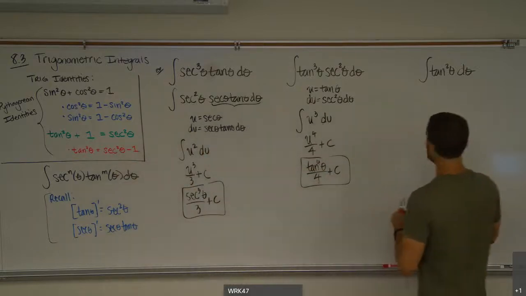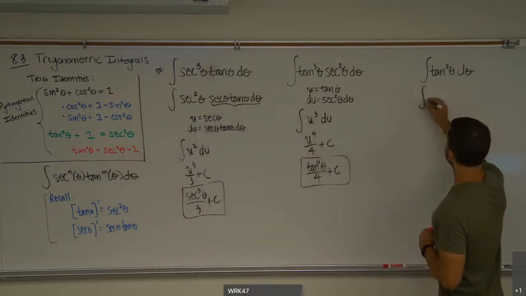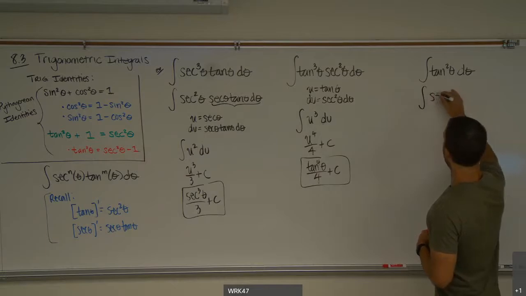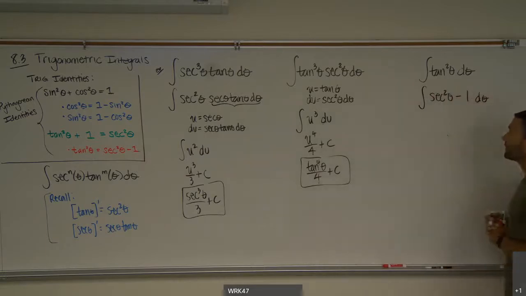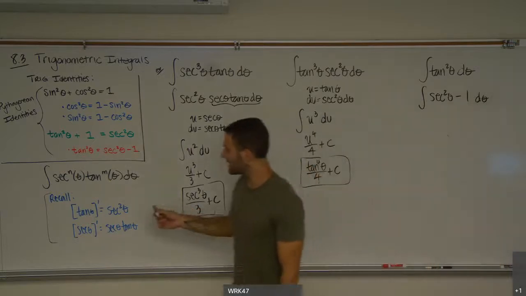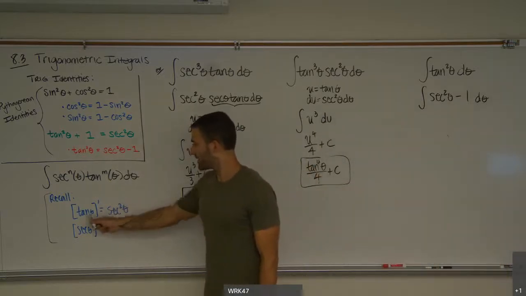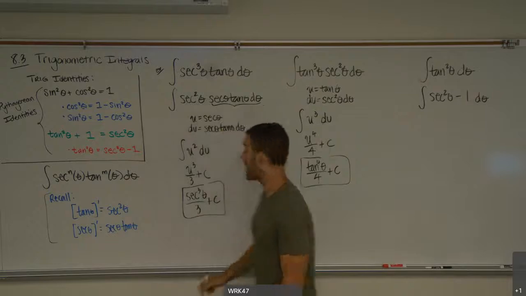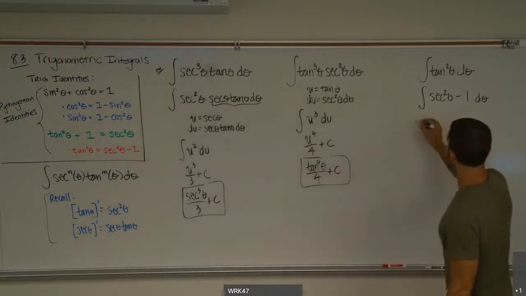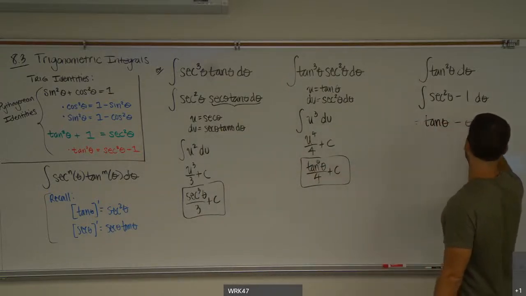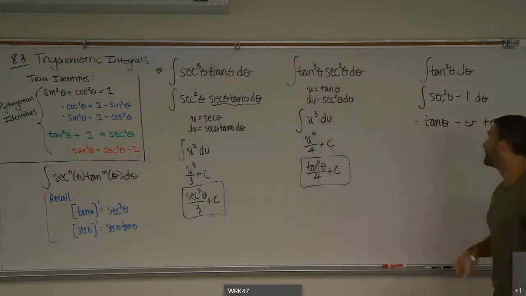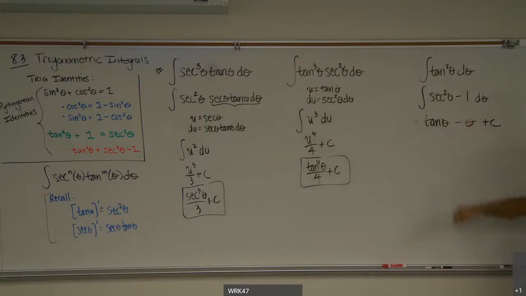And so if I just use an identity here and replace tangent squared as secant squared theta minus 1, that's actually beneficial to me because I know the antiderivative of secant squared. That's tangent. And so now I can answer this directly without any sort of u sub or any special technique, just by using an identity. Antiderivative of secant squared is tangent. Antiderivative of 1 is theta.